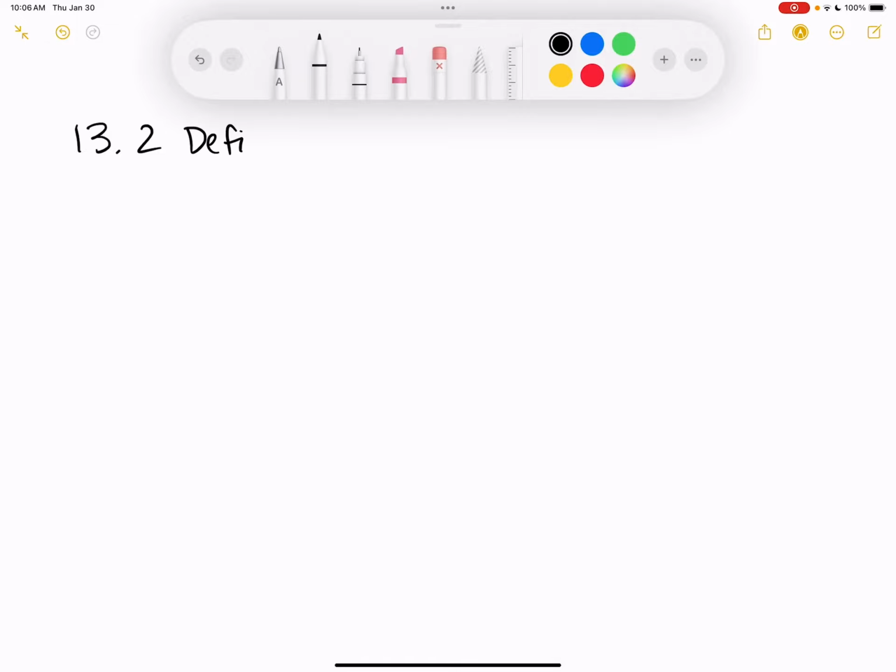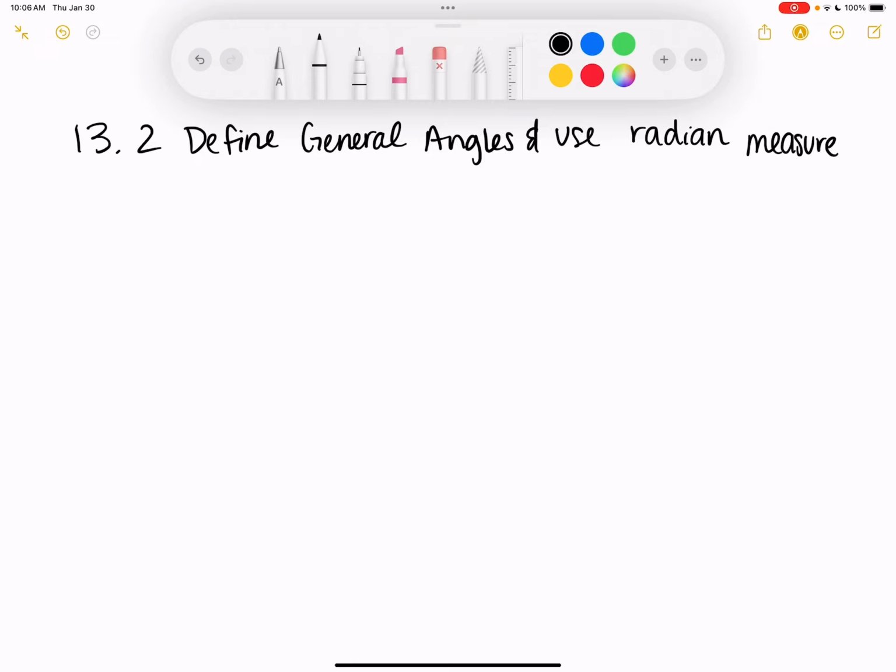All right, 13.2, define general angles and use radian measure. All right, so our first problems, they give us, it's actually like matching questions, so we're just going to do all of them together.